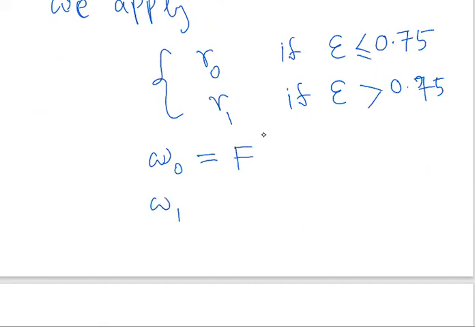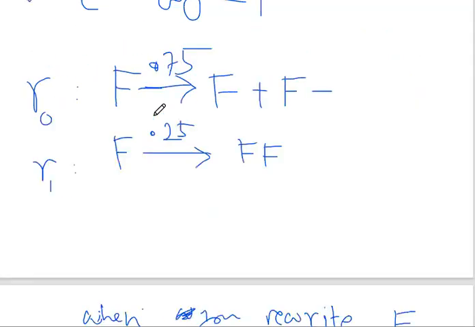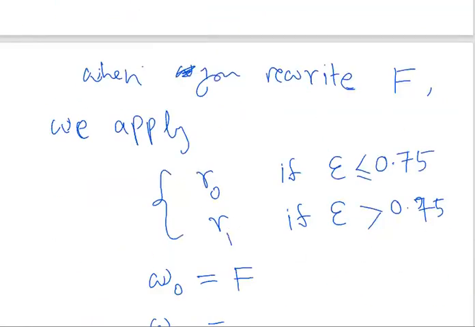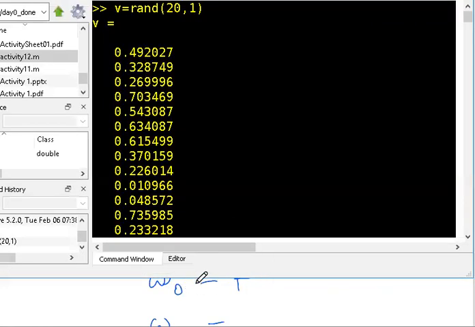So how do you obtain the first rewrite? Let's apply. There are two rules for F. Now we have to look at the random number. This is my first random number, 0.49 something, which is less than 0.75.